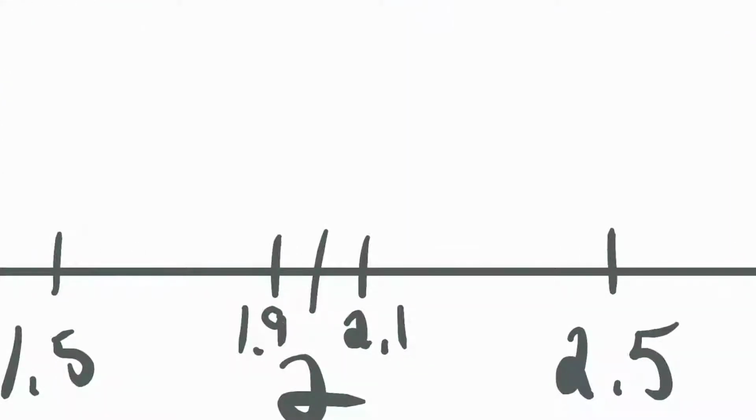We could say, oh, well, what about 2.01, right? And 1.95, and I'm running out of space here, but like 2. Oh, you know what? I made a mistake. That's 2.05. Sorry, halfway between 2 and 2.1 would be 2.05. Mistake there. So as I was about to say, I'm running out of space here, but we could say, what about 2.01 and 1.99? They're right there next to 2, right?